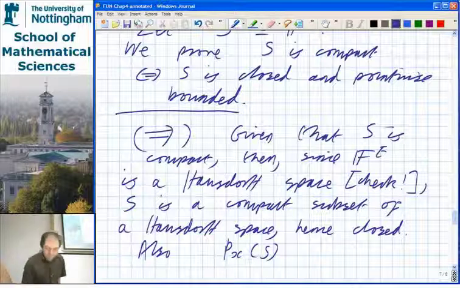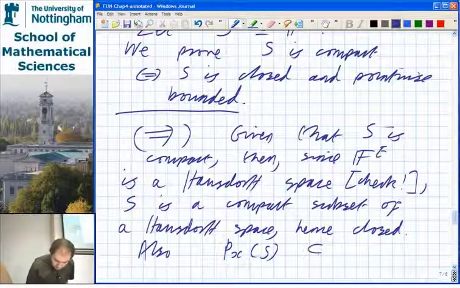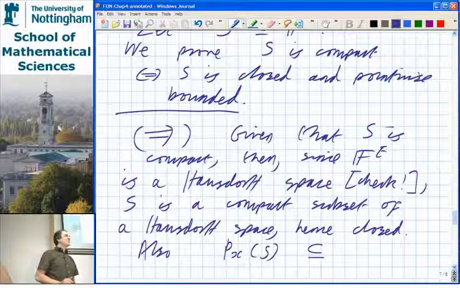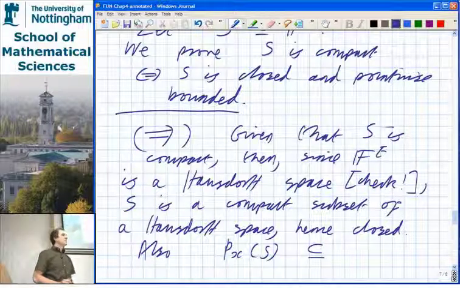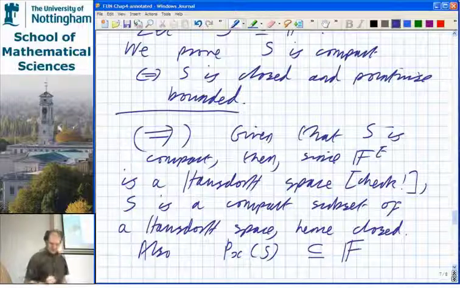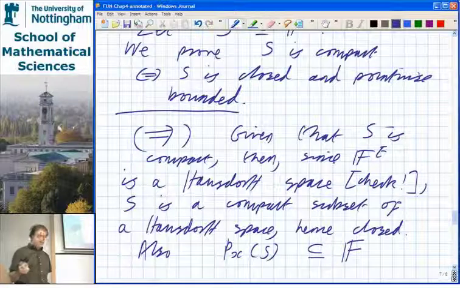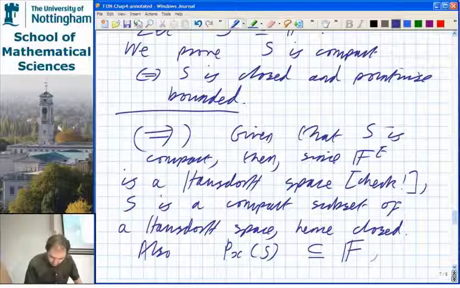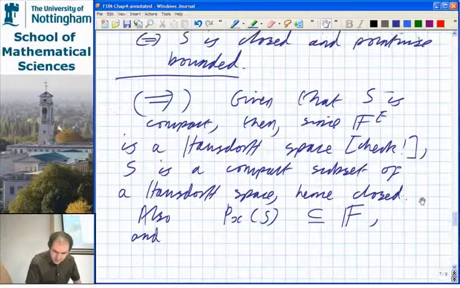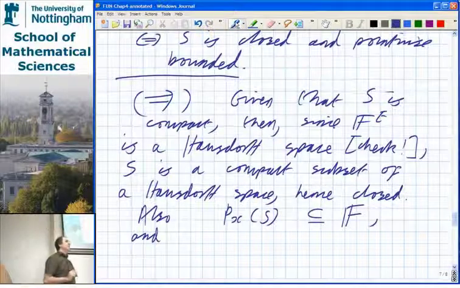and remind me, where are these coordinate projections mapping to? Yes, they're going to F, because every coordinate has values in F. And what can you tell me about the coordinate projections in general?